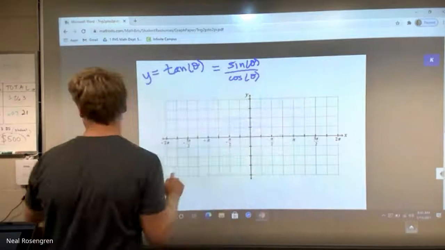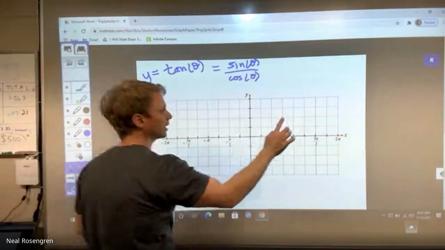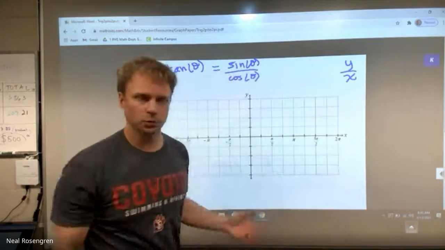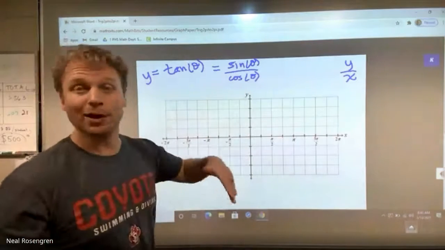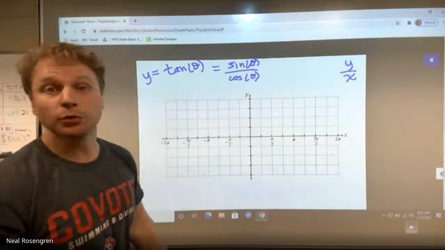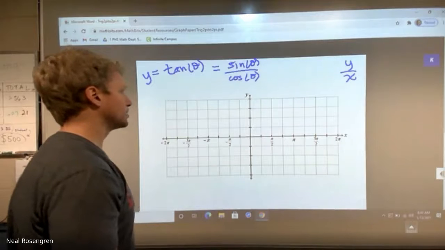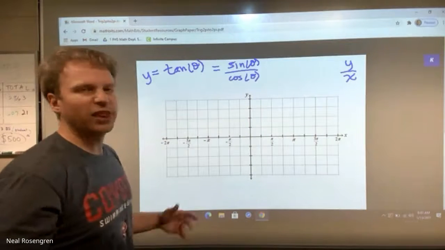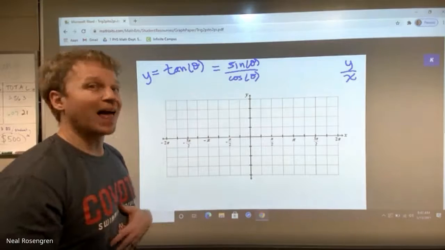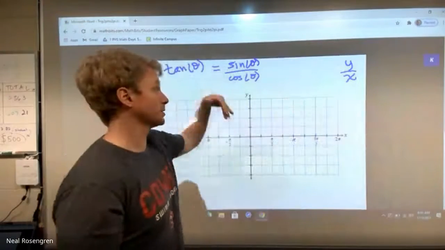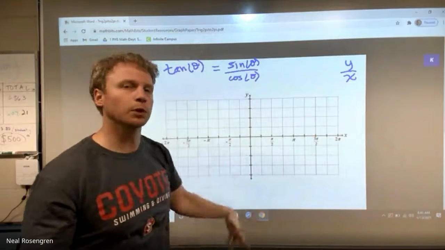It's a little misleading, and it's not really equal to, but it's the y values from the unit circle over the x values at those spots along the way. So what I want you to think about as we graph these is that we're really just thinking about y over x at those spots. It's sine over cosine, and that's really what tangent is.